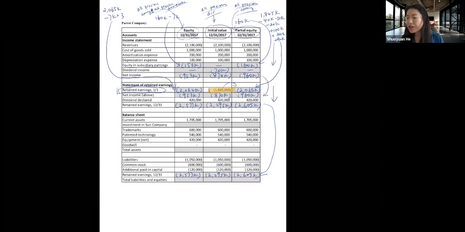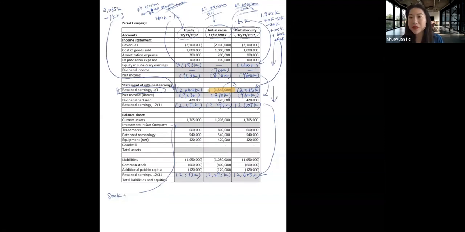On your balance sheet, the major account we need to figure out is the investment account. If the firm is using the equity method, the firm's investment account should be made up of the initial investment and all of the subsequent income from the subsidiary. So which is 100,000, 2014 net income, 140,000, 2015, 90,000, 2016, and 160,000, which is 2017.